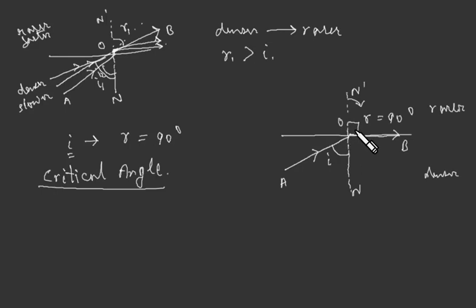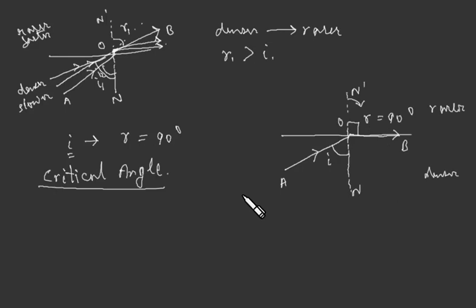That means the angle of incidence is actually more than the angle of refraction in case of the light traveling from the rarer to the denser medium. In that case, the angle of refraction can never reach 90 degree. It moves towards 0. Alright. So, to reach critical angle, the light must move from the denser to the rarer medium.